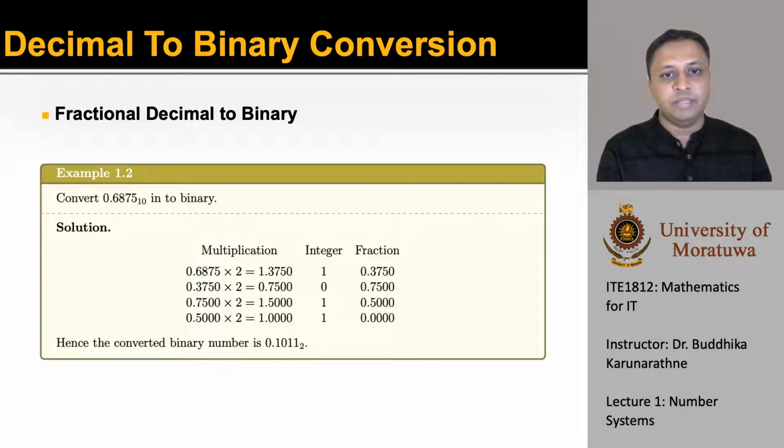We keep doing this until the fraction reaches 0, and we stop when we require a certain number of decimal places. So how do we write this number? The converted binary number is 0.1011, reading from top to bottom.